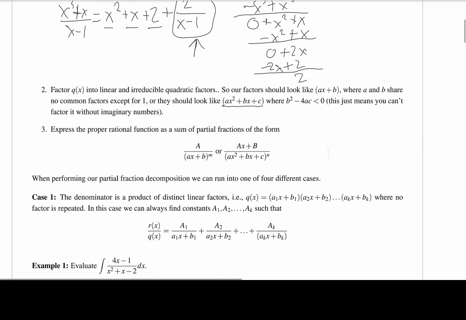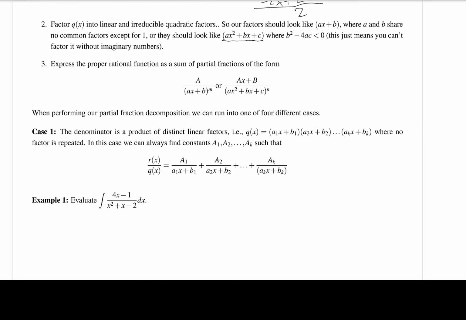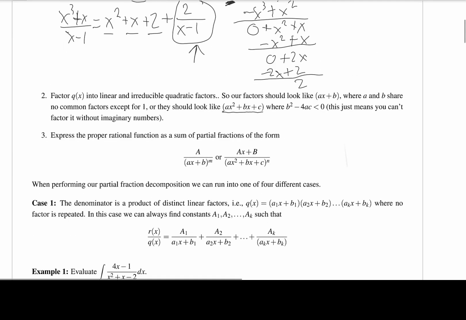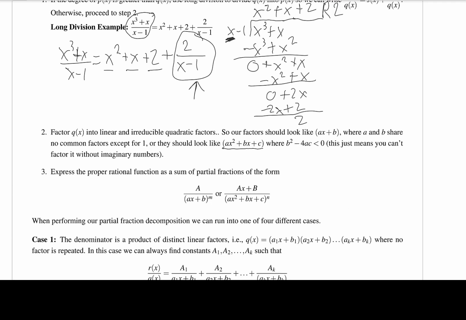All right. Then after that, we're going to express this proper rational function. What I mean by a proper rational function is that the degree on top is less than the degree on bottom. We're going to express it as a sum of partial fractions that look either something like this or something like this.